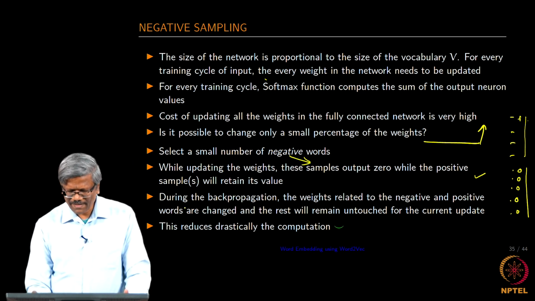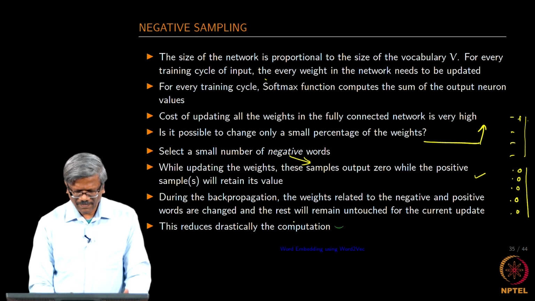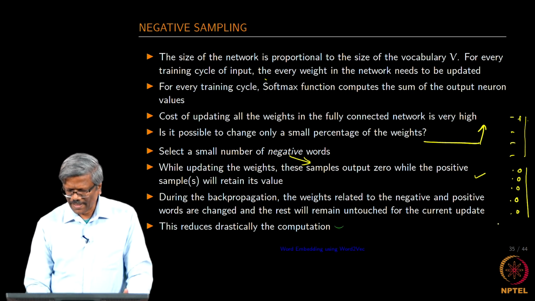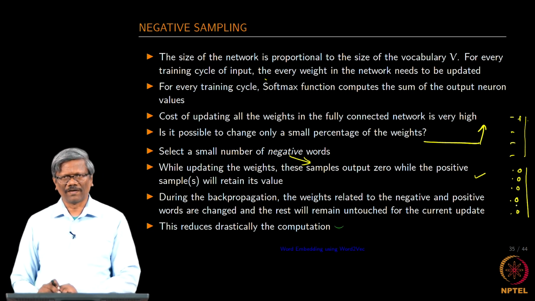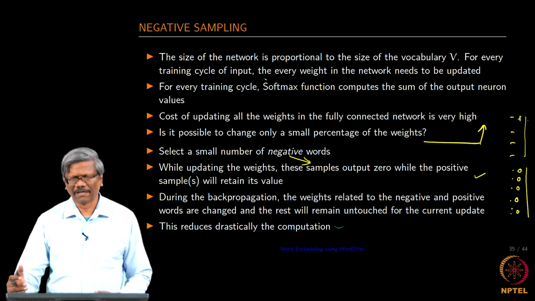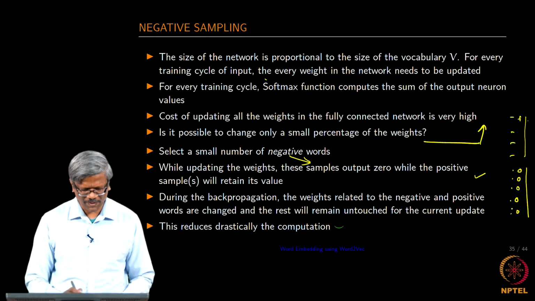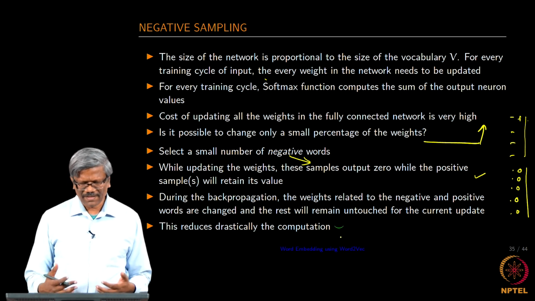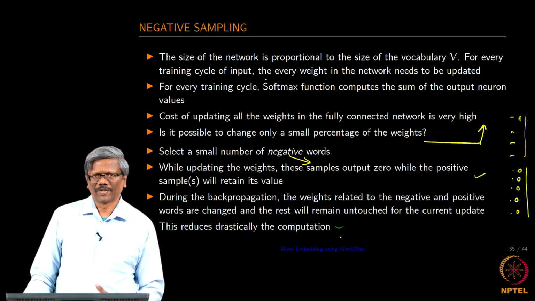During the back propagation, the weights related to the negative and positive words are changed, and the rest will remain untouched for the current update. We do not touch any of the other weights, we only change these 5 or 10 weights that we have chosen. So this drastically reduces our computation, isn't it?